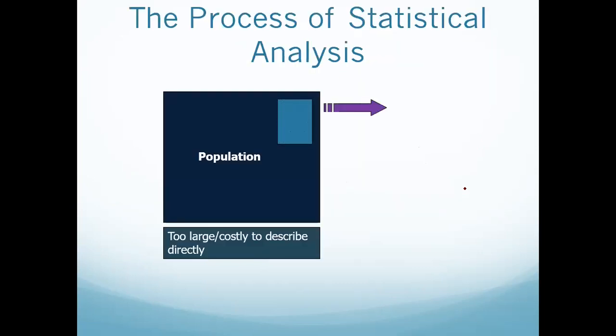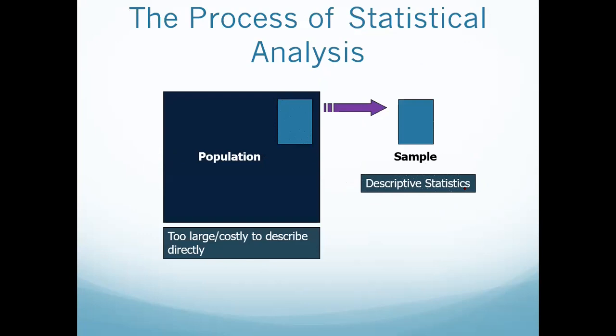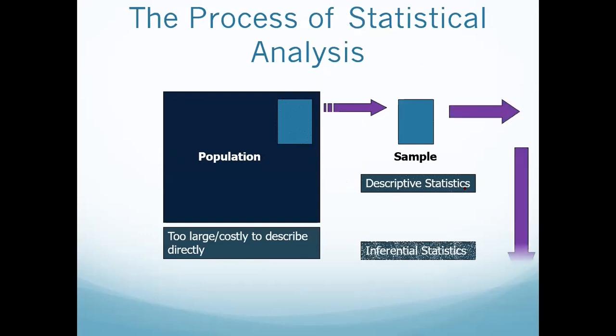This is the simple process, what I told you. Population, the entire stuff I need to consider, like all the TTU students, taking a sample from that population. So first, descriptive statistics. This is my sample, and I draw a conclusion about the sample.